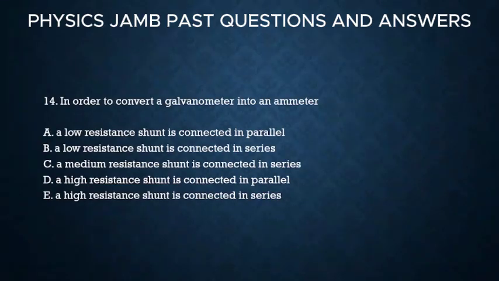Question number 14. In order to convert a galvanometer into an ammeter, A. A low resistance shunt is connected in parallel.